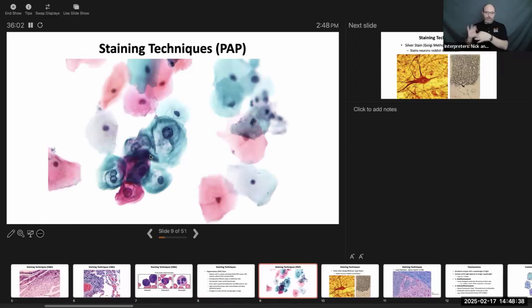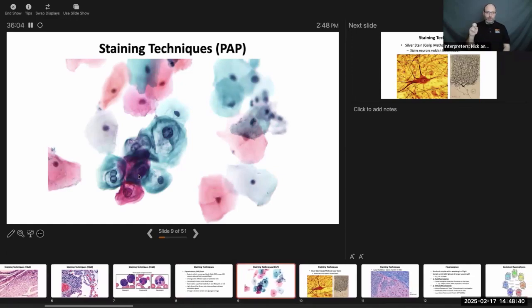So here's one example of a bunch of cells stained with the Papanicolaou technique. So you've got one up here, I'd kind of call that orange. So that could be almost like a skin cell, something from the dermis, which is staining kind of orange. We've got some other pink ones that would represent surface epithelium. And then we've got a bunch of these green ones, which represent the deeper layers of epithelial cells.